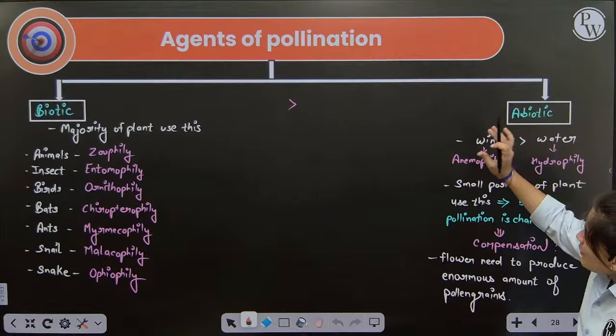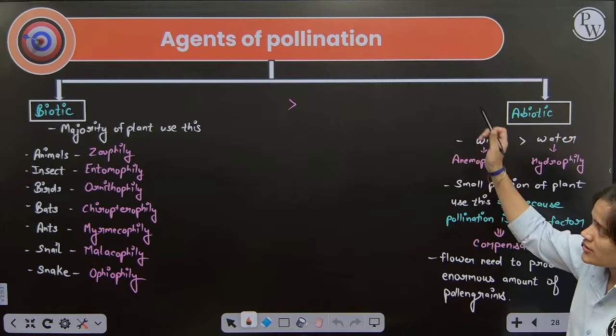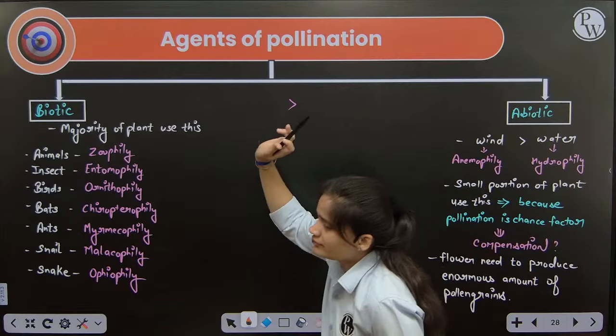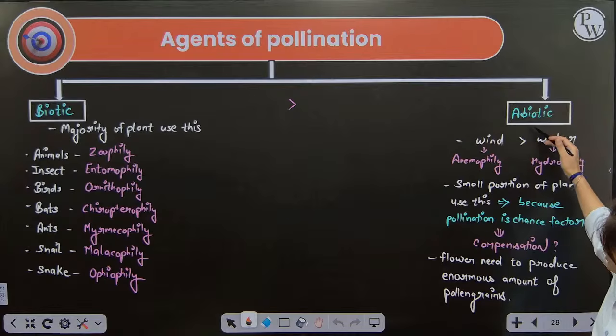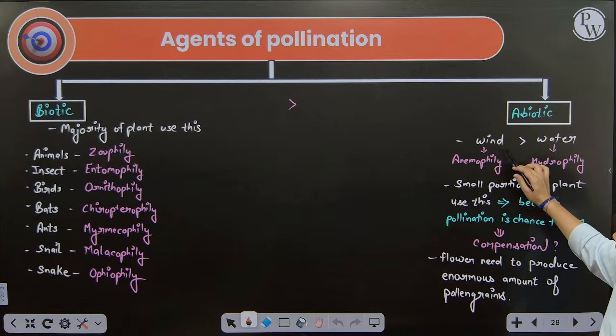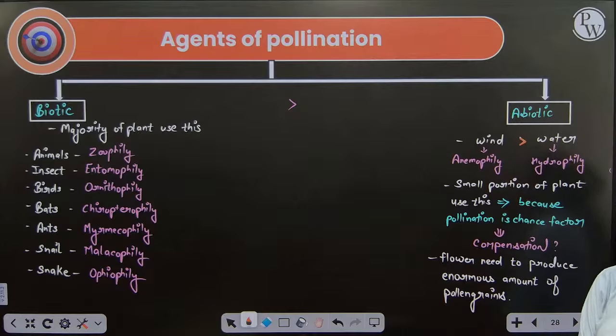Out of these, the majority of plants use biotic agents for pollination. Abiotic agents are two, wind and water. Out of these, the most common one is wind.